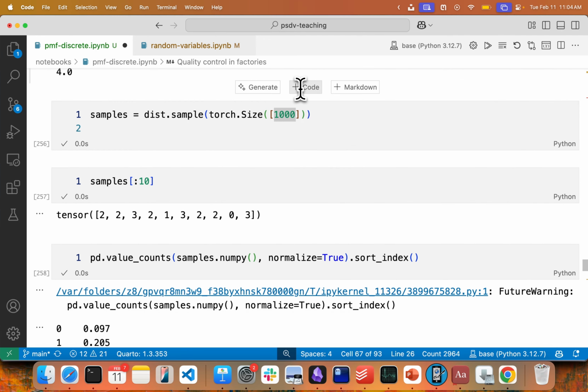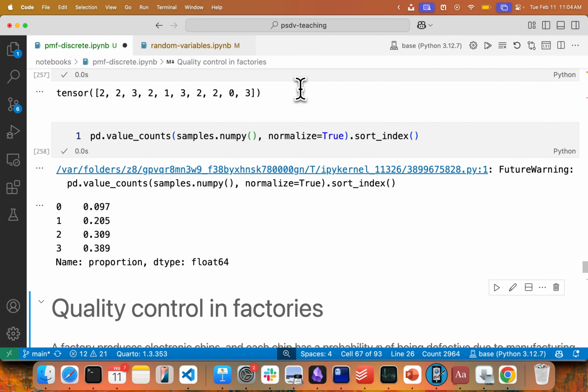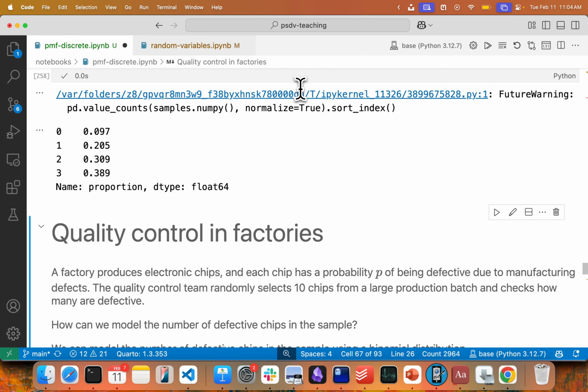Okay, we now look at the next distribution, which is we want to do some quality control in factories. Why don't you look at this question, think for 30 seconds and tell me how would you model this?